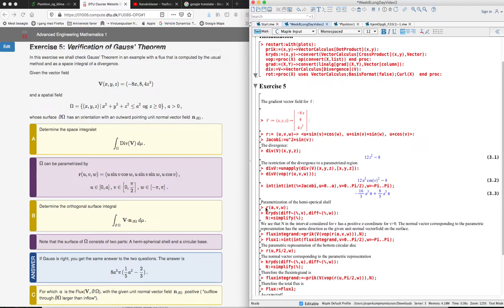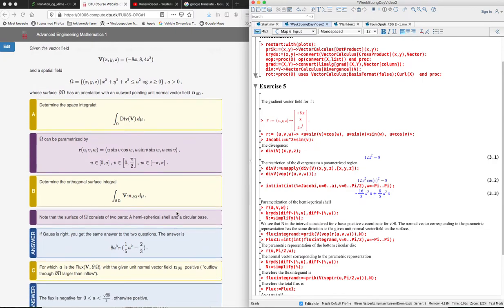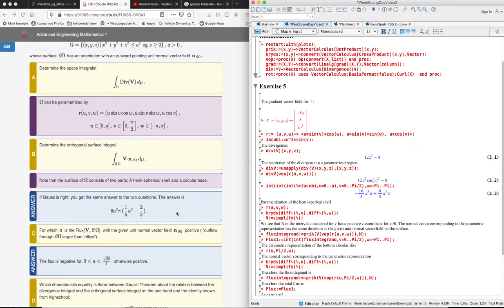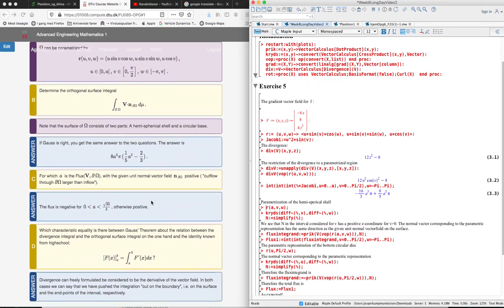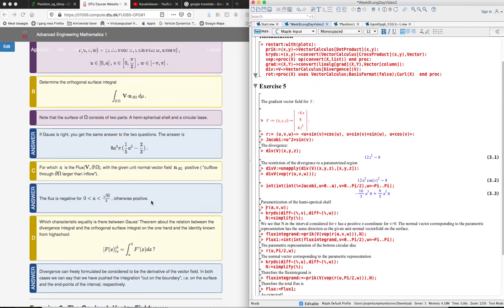Now we want to show you that this is actually equal to the direct computation of the flux, and we do a parametrization. You see here we have the result in the text.